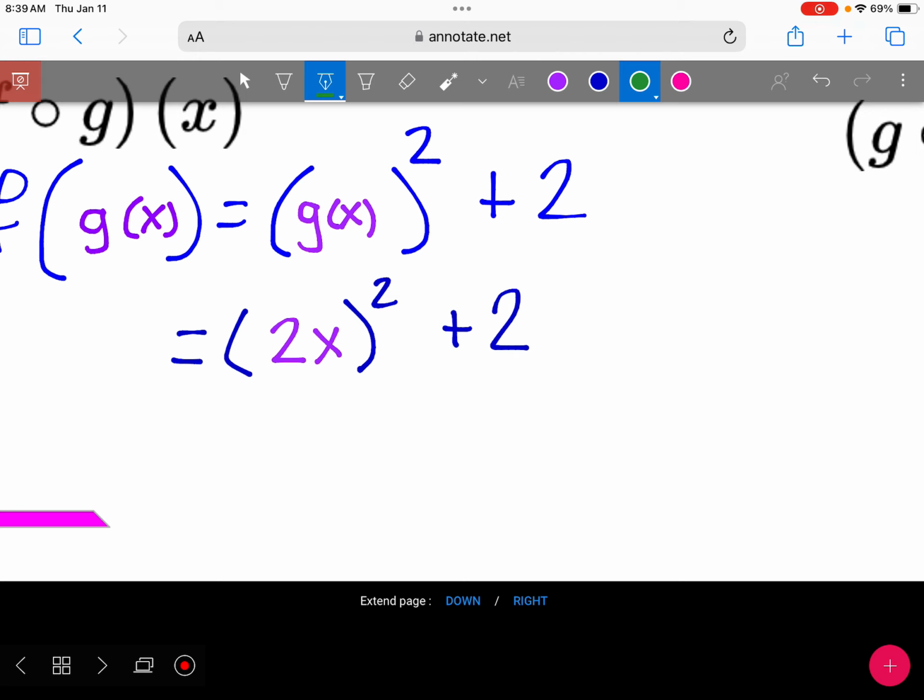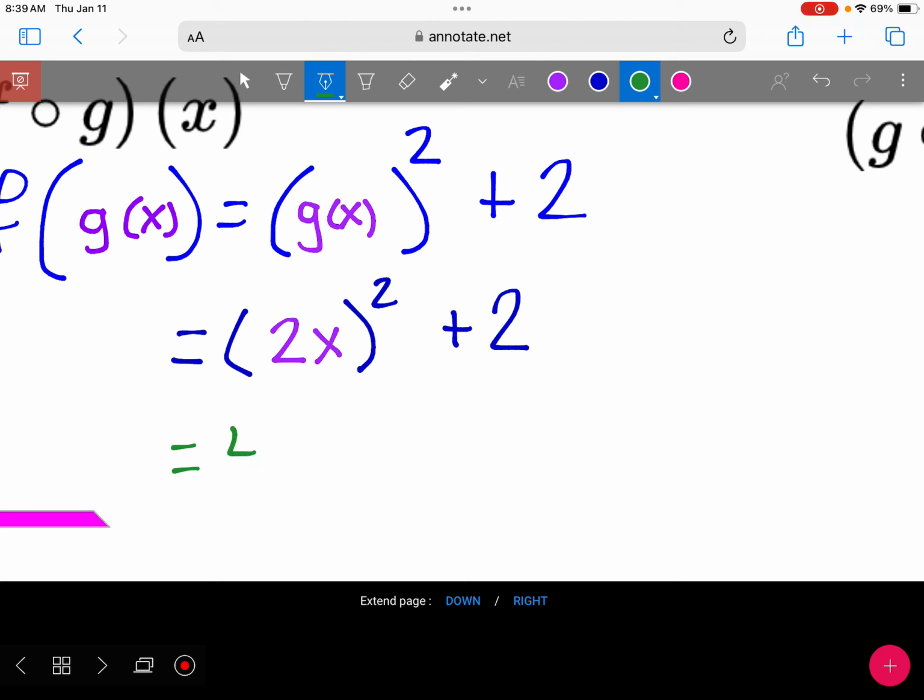So then what we're going to do is we need to simplify this. What is 2x squared? How do we simplify that? It's going to be 4 because it's 2x times 2x.